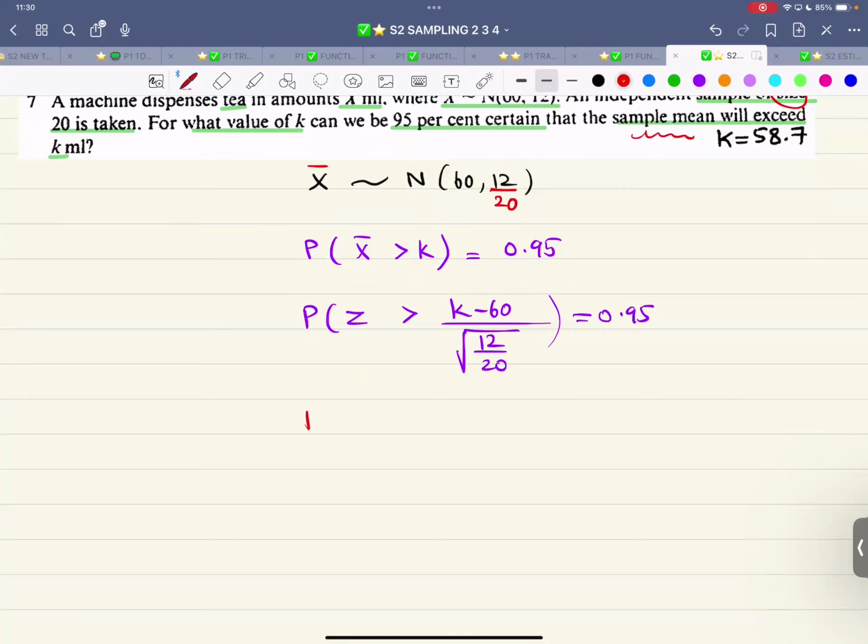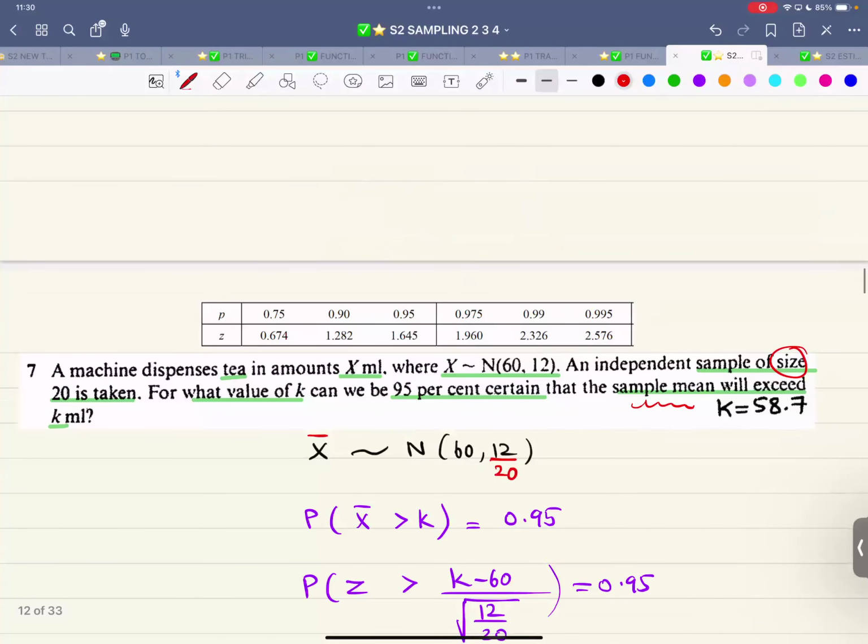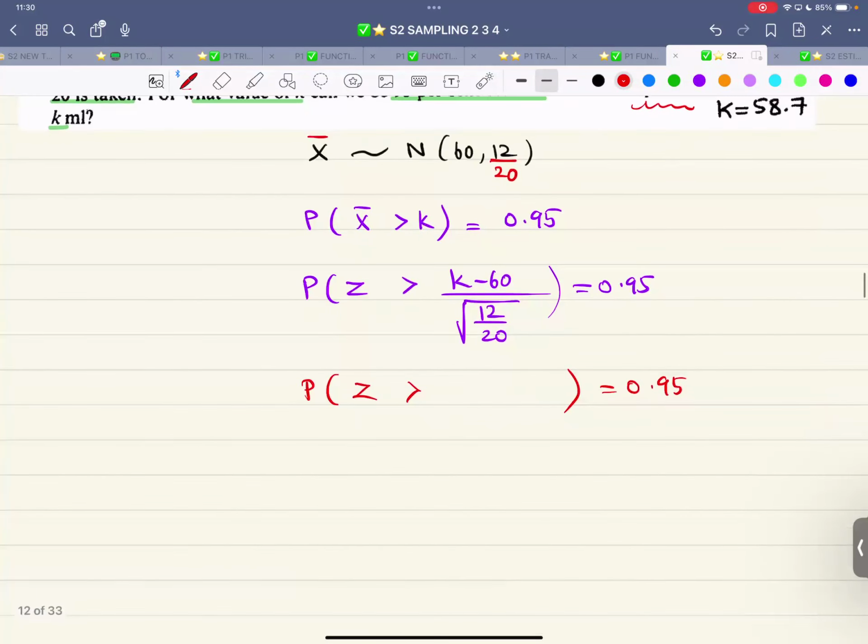Now, let's go to the table. Z greater than a particular value is 0.95. For 95%, this is the corresponding z value, 1.645. But because there is a greater sign over here, therefore the z value is negative. So now let's compare coefficient.